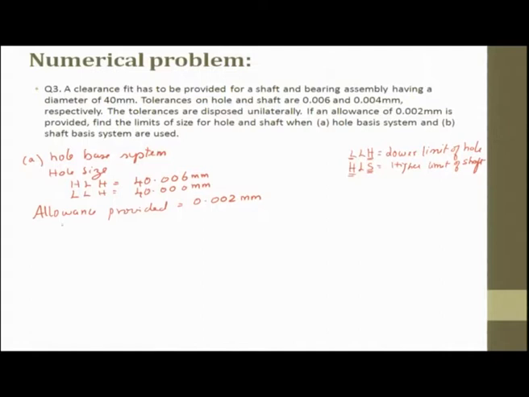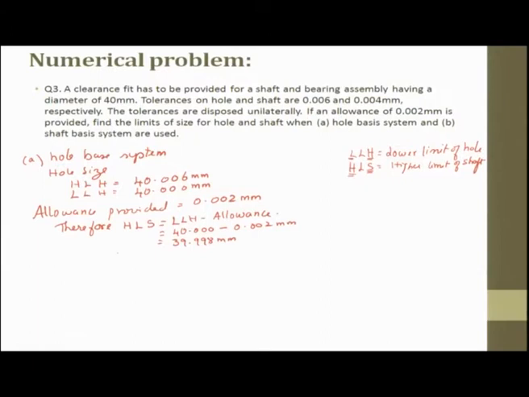Therefore, HLS is equal to LLH minus allowance, correct. This is what we saw in the formula, allowance equals this minus this. When you substitute it back, we get 40.000 minus 0.002 millimeter, which is nothing but 39.998 millimeter.